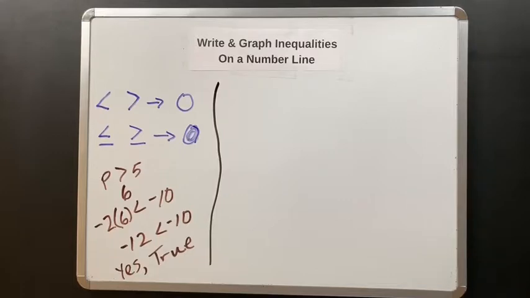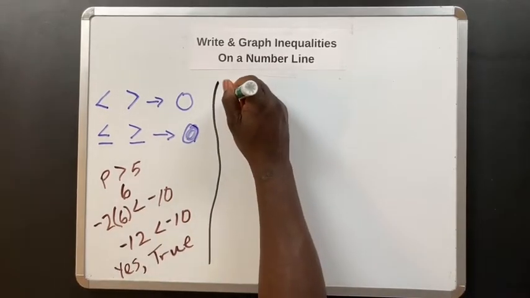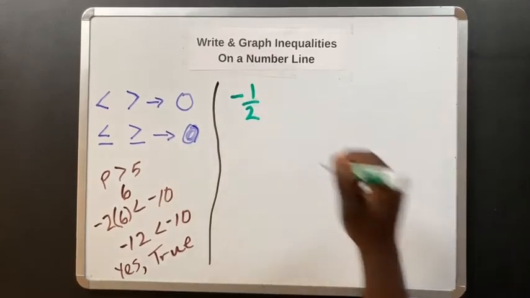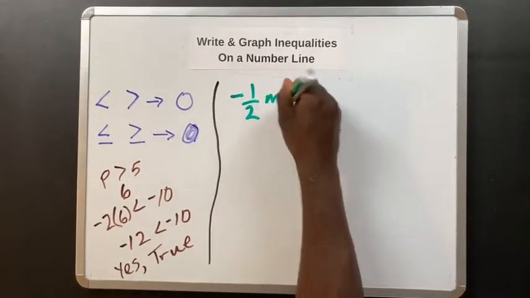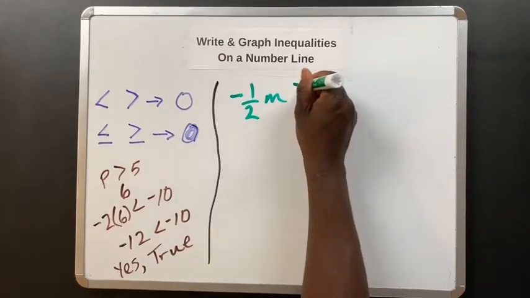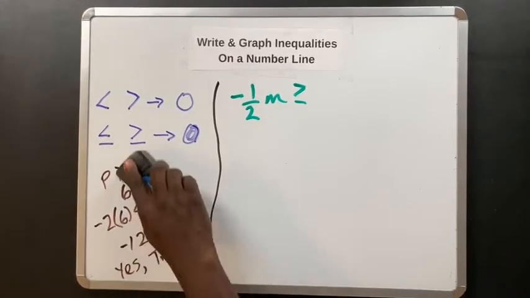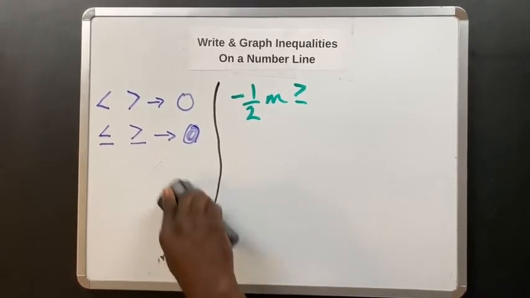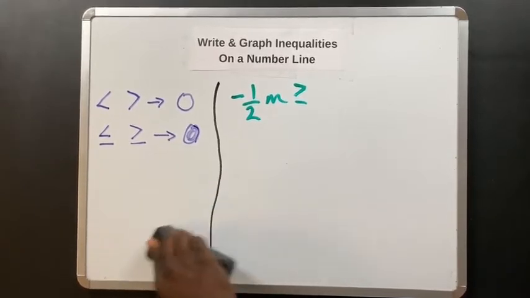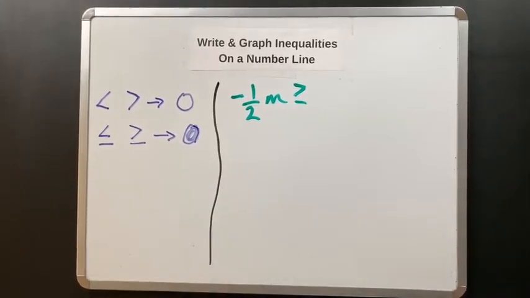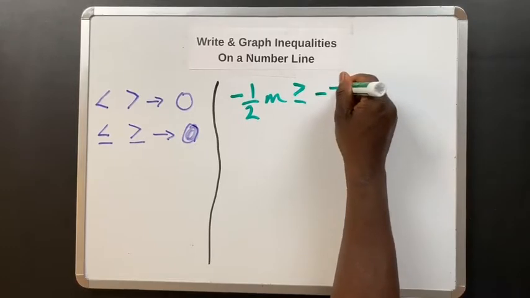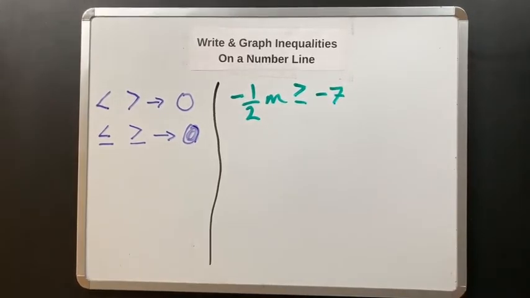All right, let's say we have a fraction. Negative 1/2 times m is greater than or equal to -7. Okay, look at this problem.